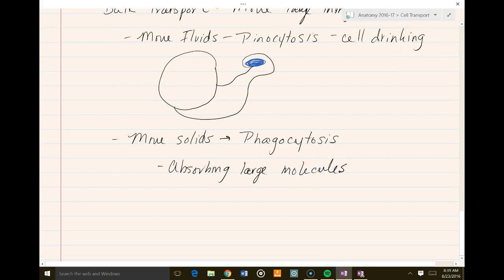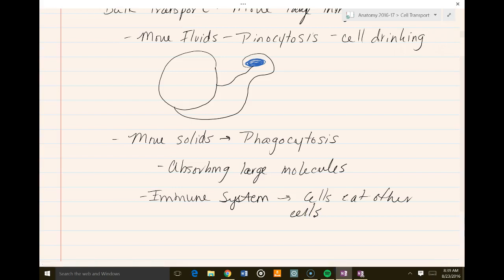Or another good example, if you're talking about the human body, is in the immune system. So you guys have probably all seen videos of cells eating other cells. It's like our immune cell comes in and eats this bacteria, wants to get rid of it, and it's going to absorb it, and it's going to eat it, and it's going to be dinner, so that it doesn't cause infection or have problems later on, okay?